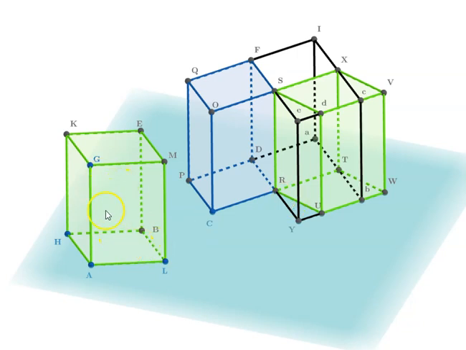Now here, this solid AE is equal to solid XU, because that is how we constructed this solid XU. Now solid XY is equal to solid XU. How can we say that? Because they are both on the same base.